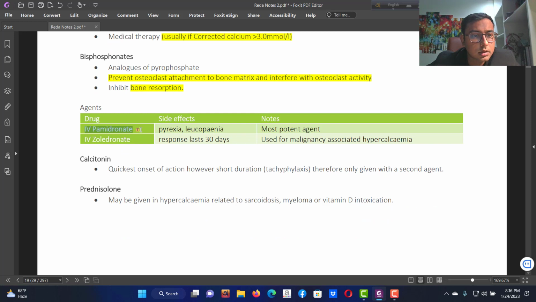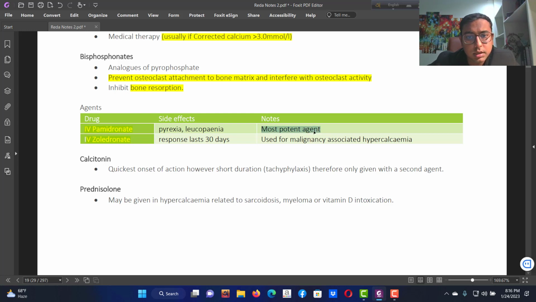So IV zoledronate and pamidronate also come into the picture. Pamidronate and zoledronate are newer drugs used for remission of hypercalcemia.